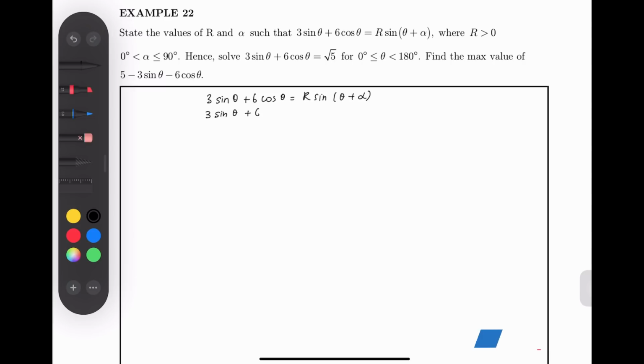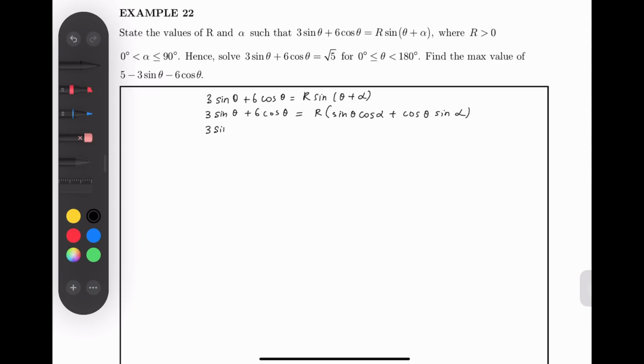So from the formula sin(A plus B), we're going to get sin theta cos alpha plus cos theta sin alpha.